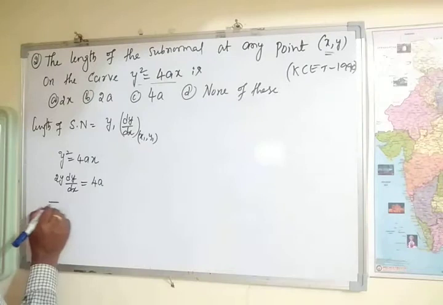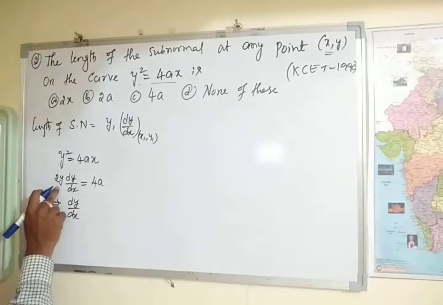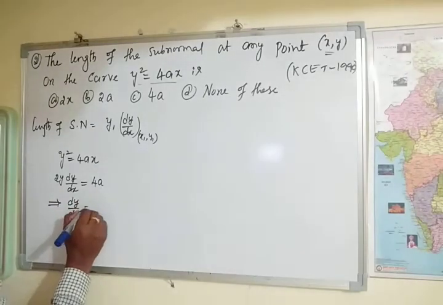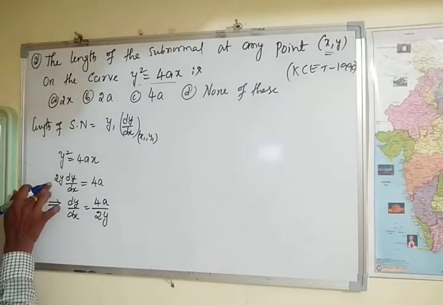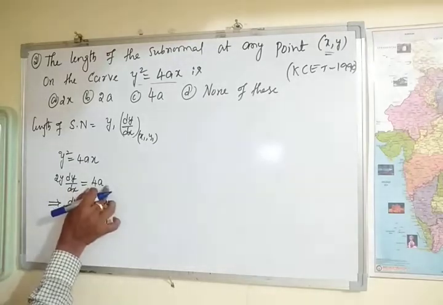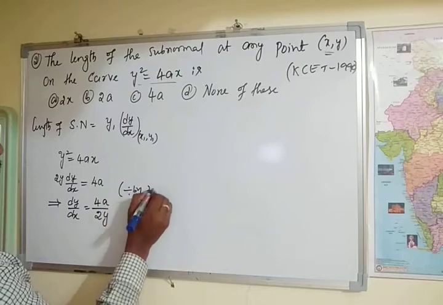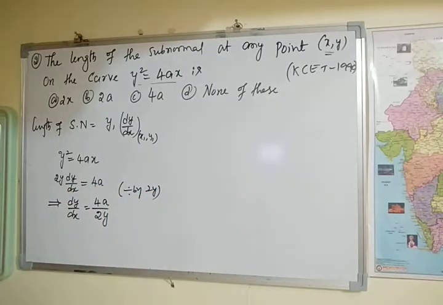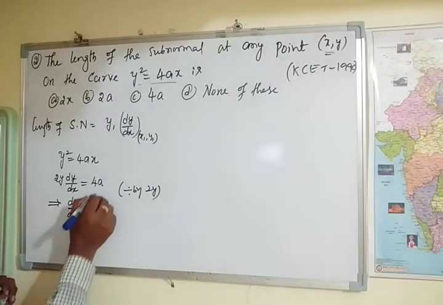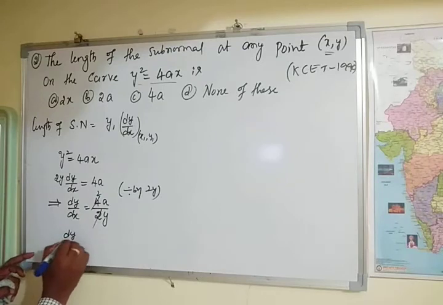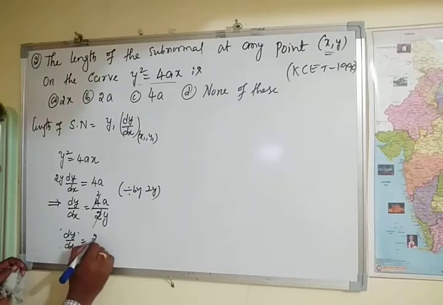Next, this implies dy by dx is equal to, dividing both sides by 2y, 4a divided by 2y. Here 2y is cancelled on the left hand side. Right hand side 4a divided by 2y, 2 ones are 2, 2 twos are 4, so dy by dx is equal to 2a divided by y.